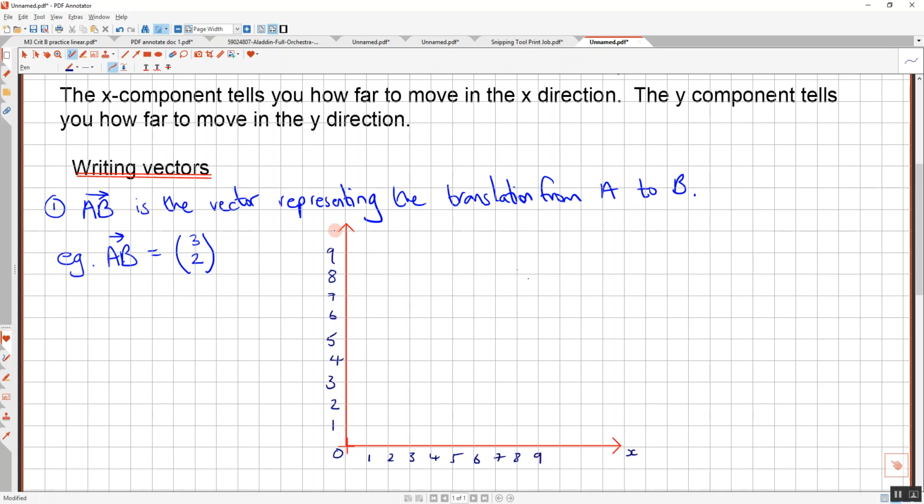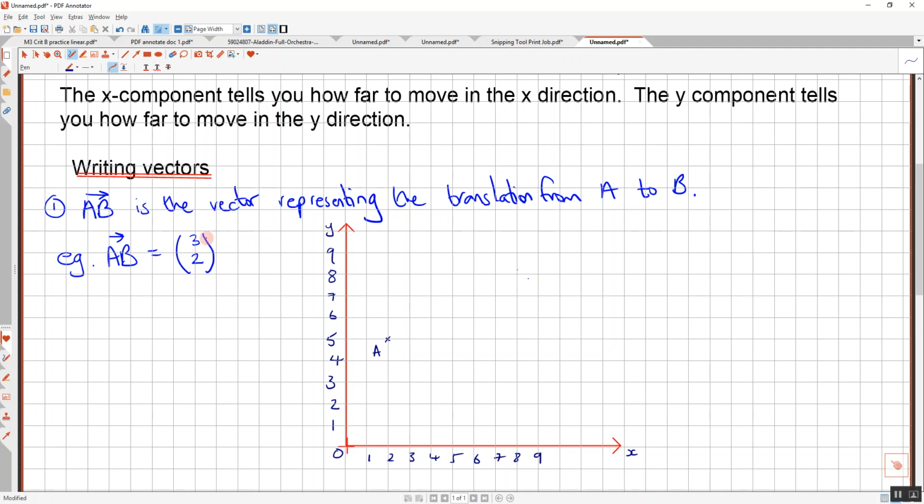My x-axis, my y-axis. Right, so the vector A to B, this is how the vector is represented, in column notation, 3, 2, okay? Now, it tells us where to start. So what is the point we are starting at? A, right, we're starting at A. It doesn't give us the specific point of where A is, okay? So let's say we want to put A here, okay?